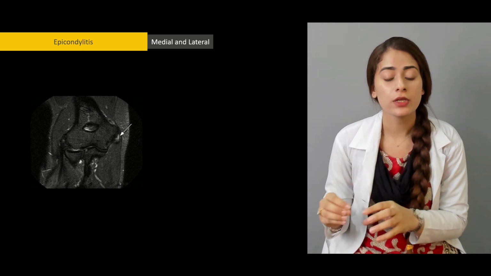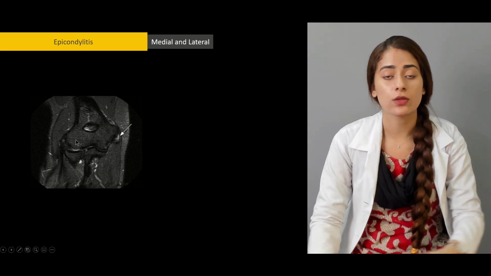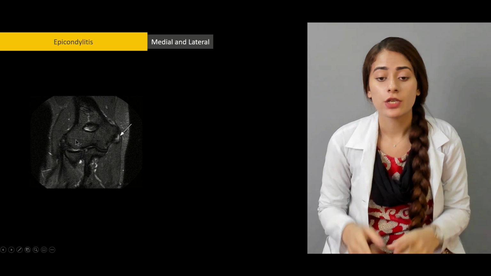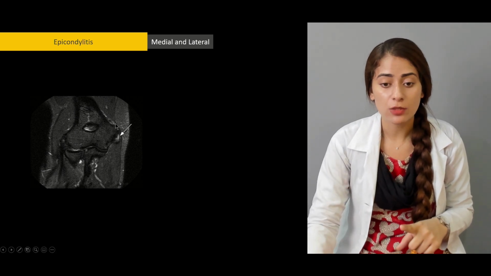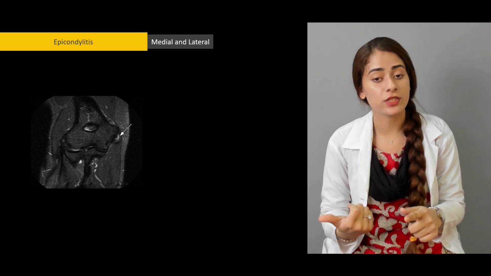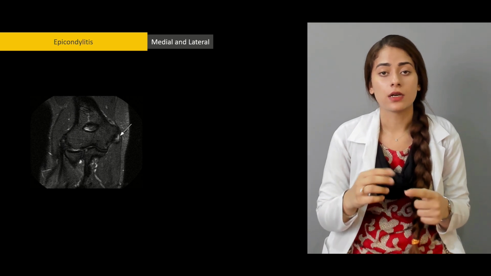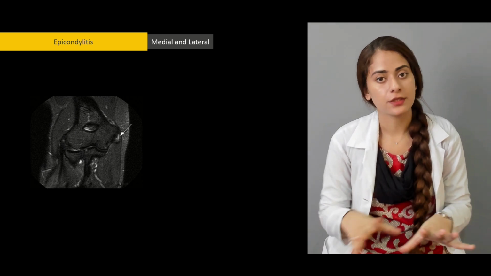On the lateral aspect of the humerus, or the lateral epicondyle, all the extensor muscles will attach. So if the medial aspect of the humerus or the medial epicondyle is involved, always suspect a problem with the flexor muscles.